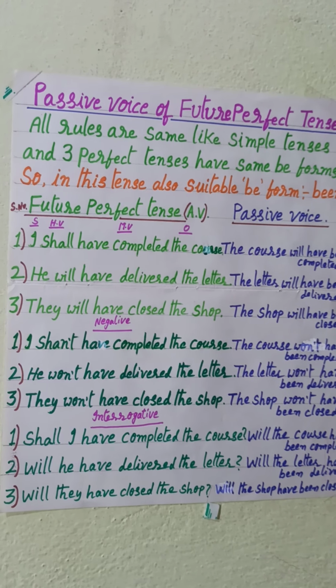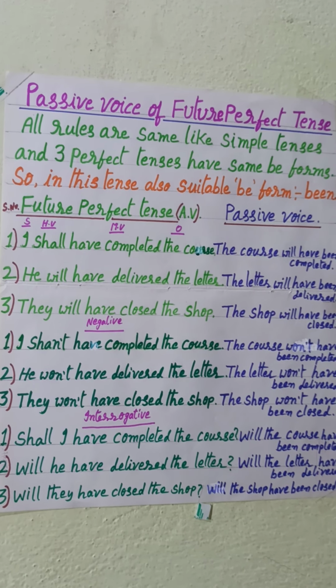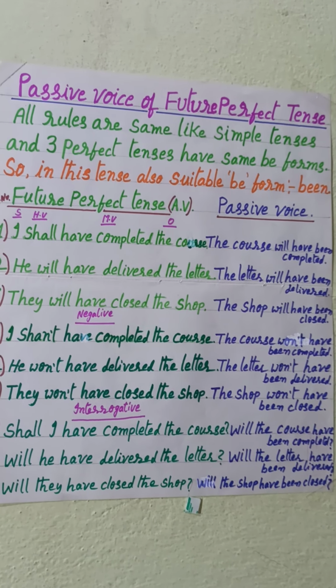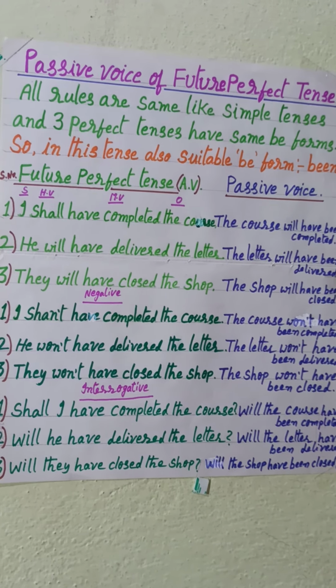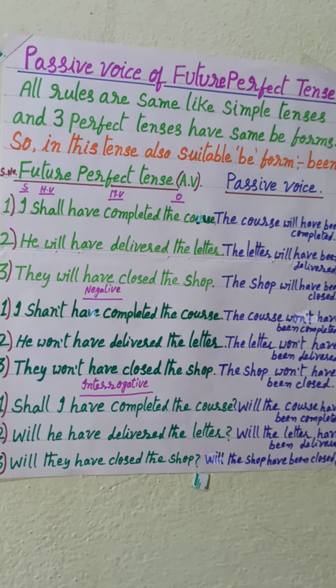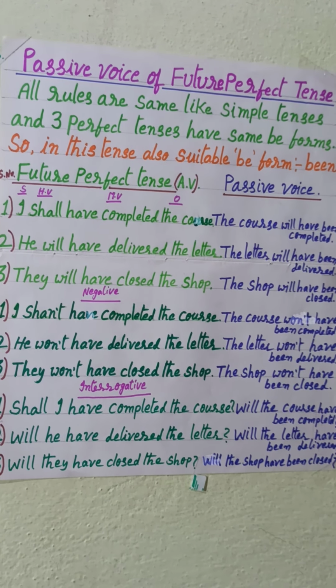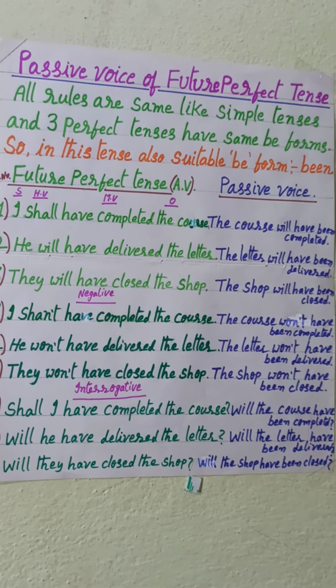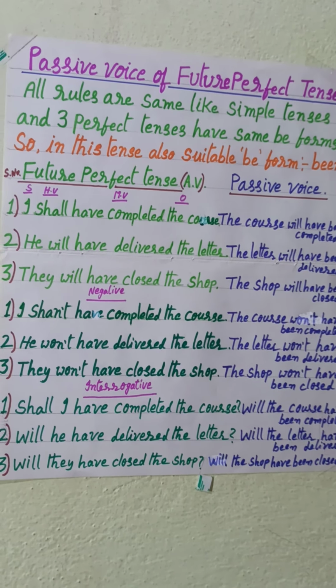Third sentence: will they have closed the shop? Add question mark. In the passive voice, will the shop have been closed? Add question mark.